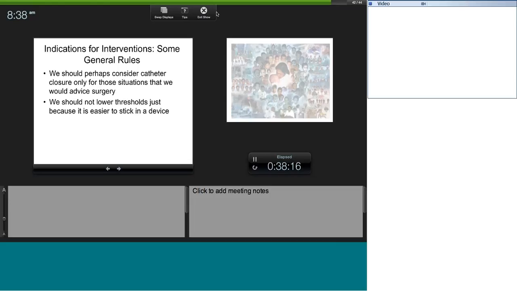VSDs, especially perimembranous VSDs, are very difficult to come up with an accurate number for size because it's very difficult to define the margins. It's very dynamic. And if you see 3D recordings of muscular, even membranous VSDs, there is a lot of dynamicity to when you record the VSD. So I think sizing of the VSD per se, just going by numbers, doesn't help very much.